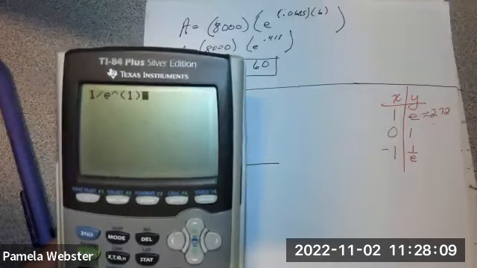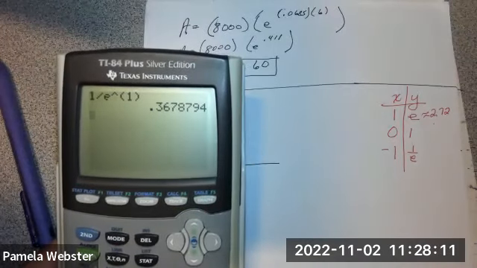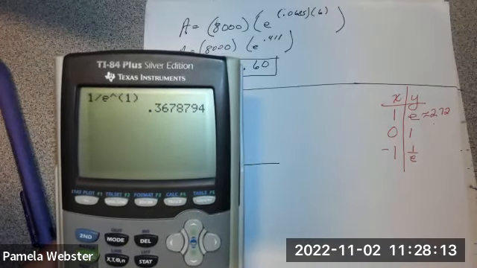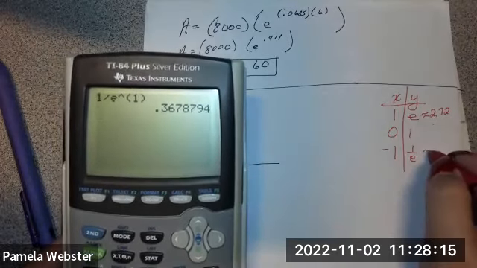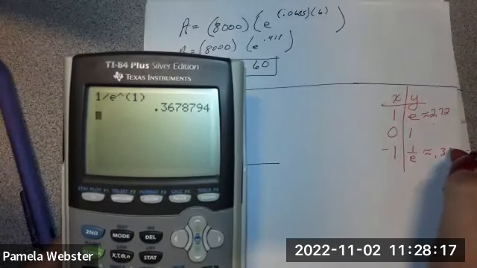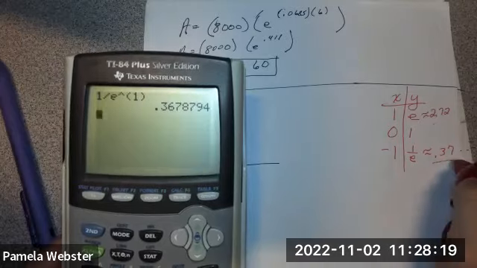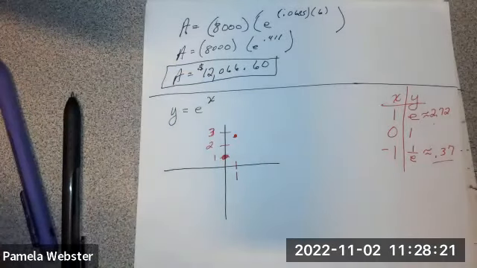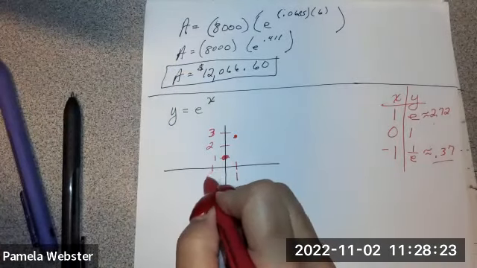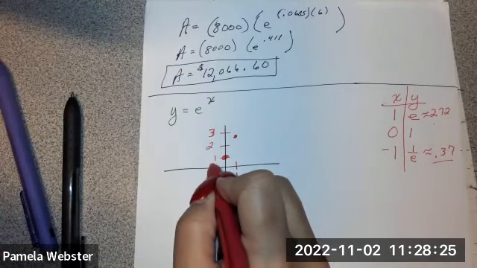So I'm going to punch 1 over e just to get an approximate value. So this is about 0.3637, I'll say.